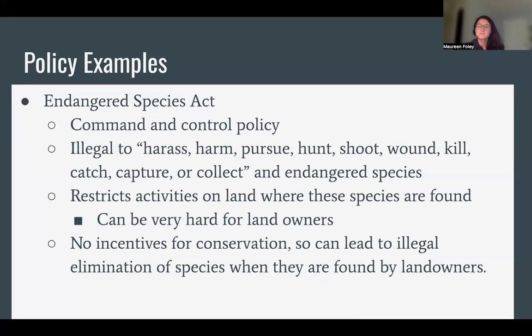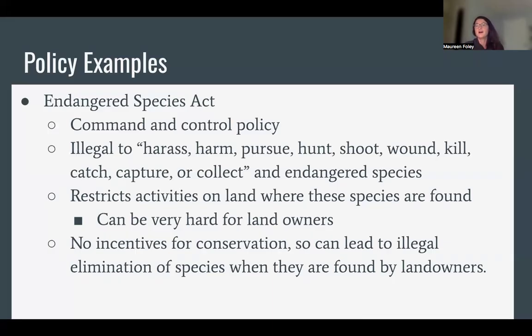But essentially, the Endangered Species Act makes it illegal to harass, harm, pursue, hunt, shoot, wound, kill, catch, capture, or collect any endangered species, no matter who you are and no matter what land you're on or who the land belongs to. So it severely restricts activities on lands on which these endangered species are found.